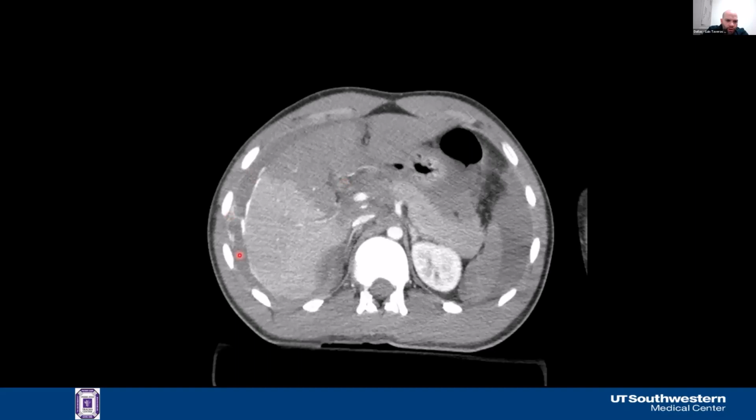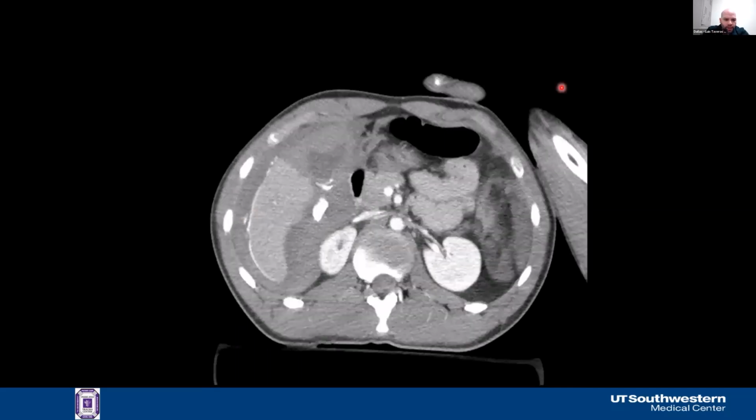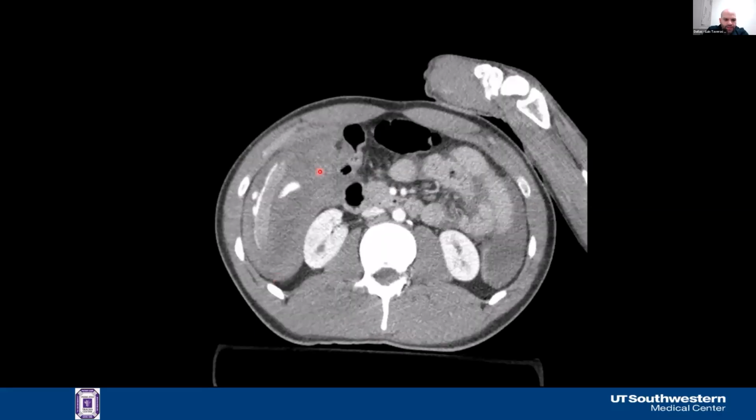Here you can see more clearly some fluid, likely blood, around the liver, and some contrast layering on the lateral portion of the liver. This is a similar image showing about the same, with a lot more contrast around the liver.